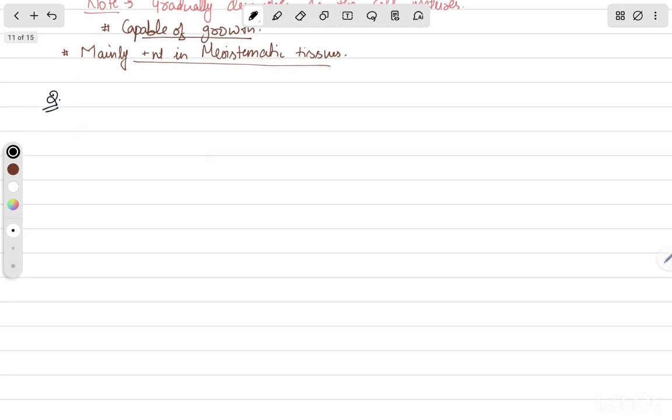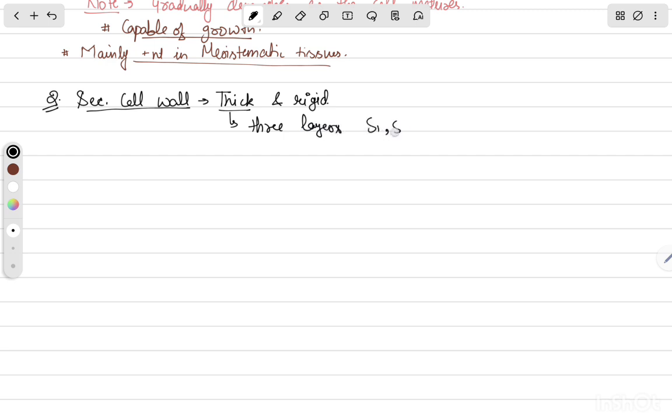Second type of cell wall is secondary cell wall. If primary cell wall was thin and elastic, then secondary cell wall is thick and rigid. Thick means it is made up of three layers: S1, S2, and S3.